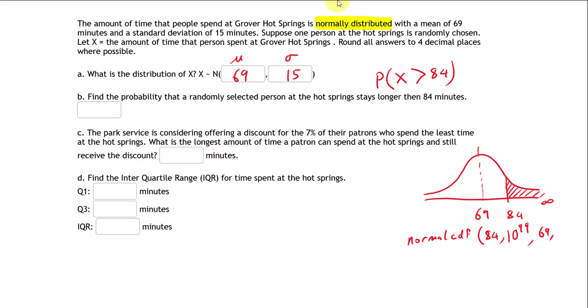And then the last spot would be the standard deviation, 15. If you input this command on your TI graphing calculator, you should be able to get the area under the curve, which is the probability of the person staying longer than 84 minutes.